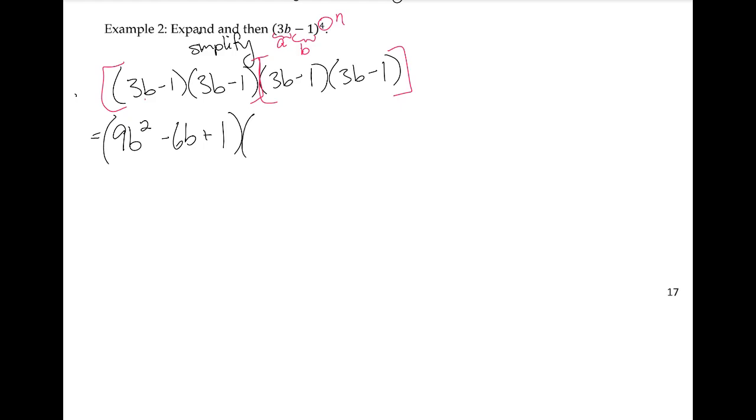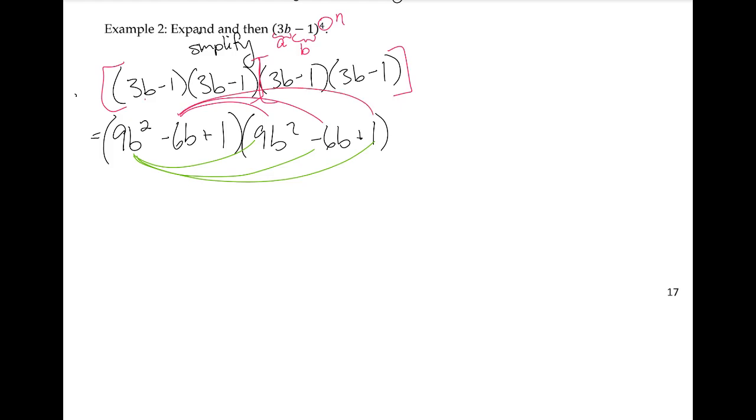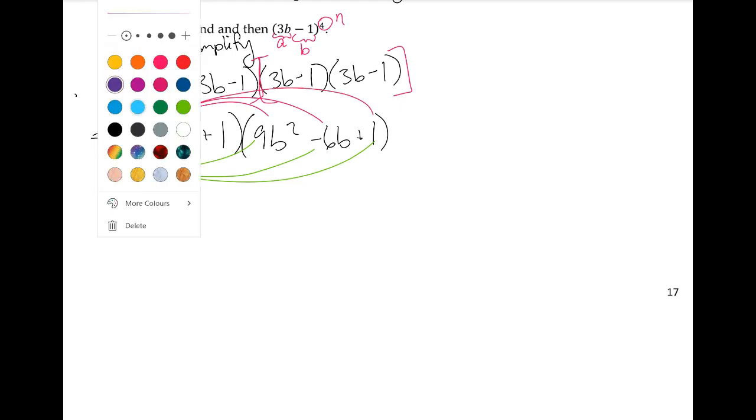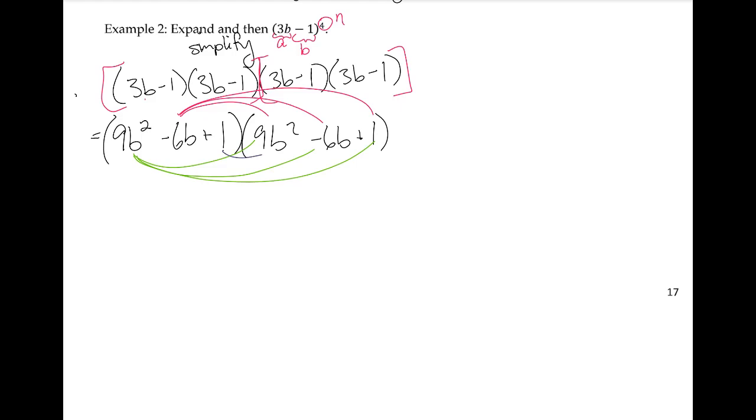And the same thing back here. And then I would multiply this through again. I would distribute it again. So first term gets multiplied through, second term gets multiplied through, and third term gets multiplied through.